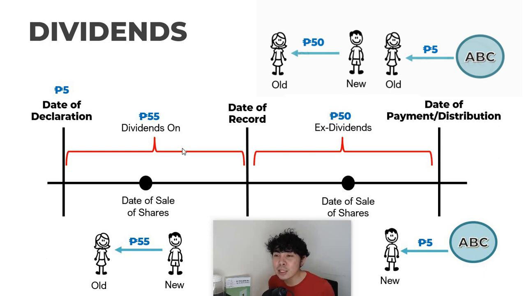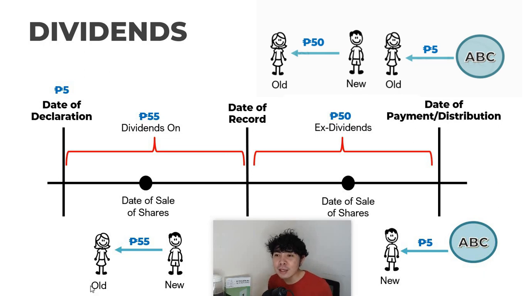Kaya ang tawag natin dito sa fair value or market value ng ating shares of stocks between date of declaration and date of record is dividends on. Kasi kapag binili mo yung shares of stocks, kasama mong binibili yung dividendo na marireceive at date of payment. So, ang marireceive ng old shareholder is fair value ng shares of stocks plus the dividend, which is yung price for the shares of stocks at yung dividendo.